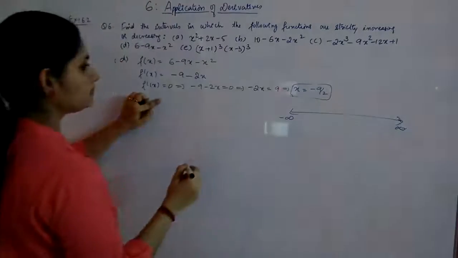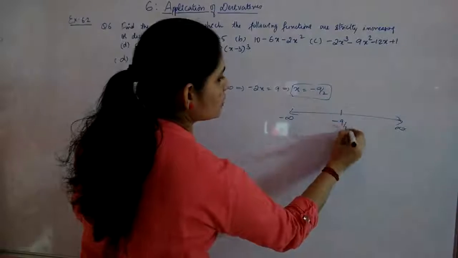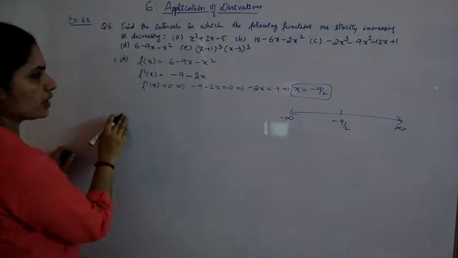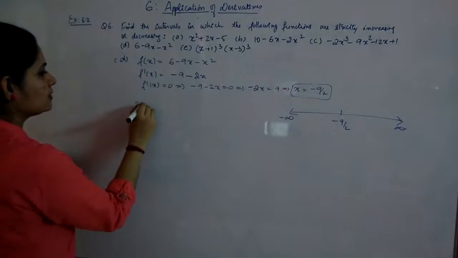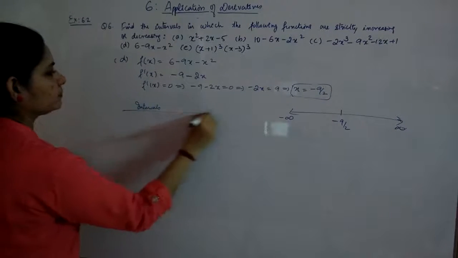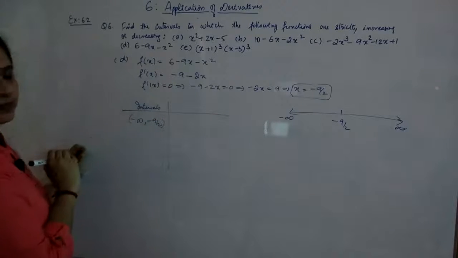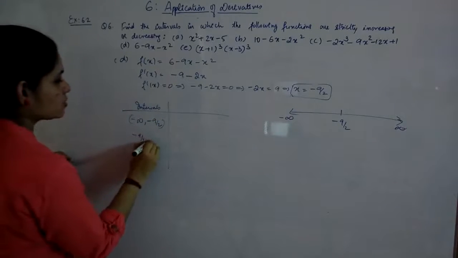Now in this one, -9/2 is the only point. So the interval will be broken into two disjoint intervals, that is -infinity, -9/2 and -9/2, infinity.